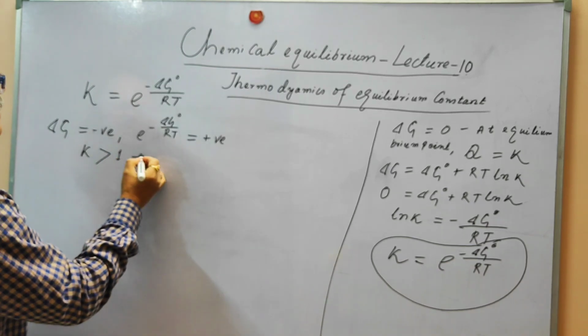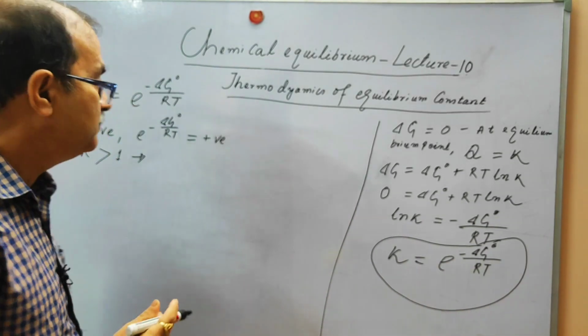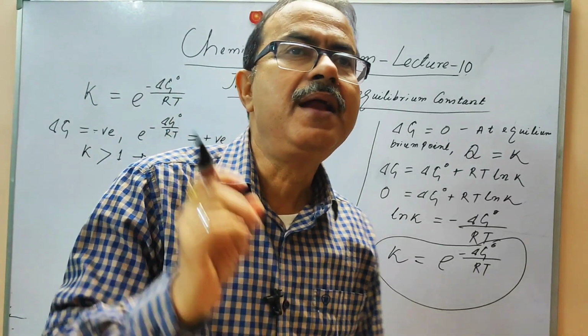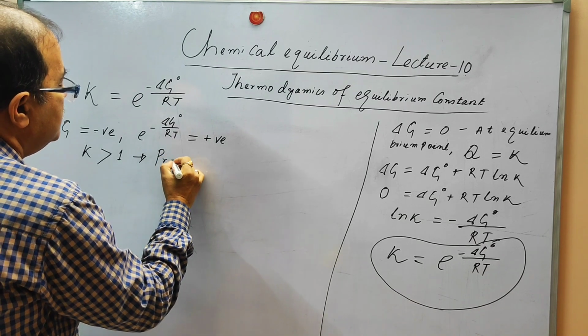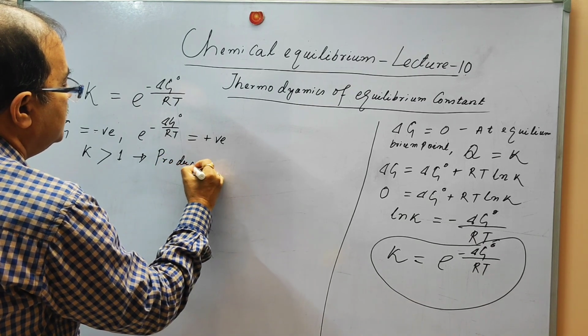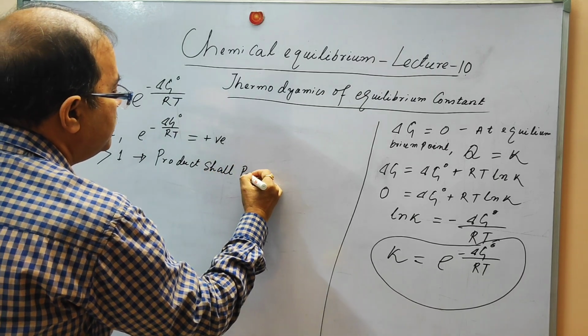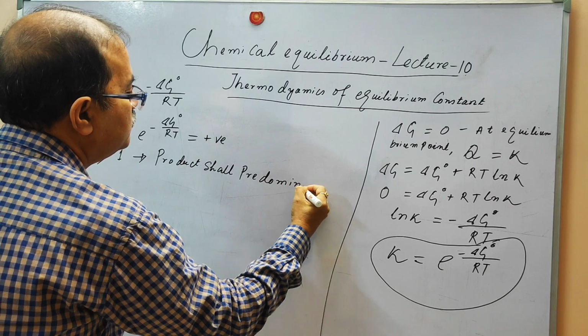When K value is greater than 1, the reaction will go in the forward direction and the product will predominate over reactant, right?